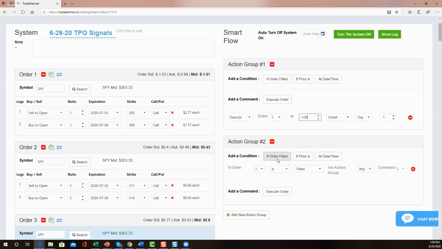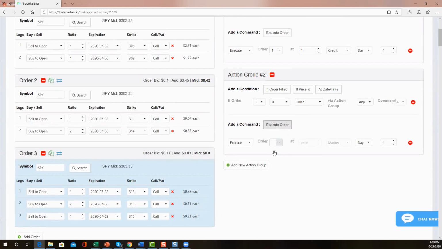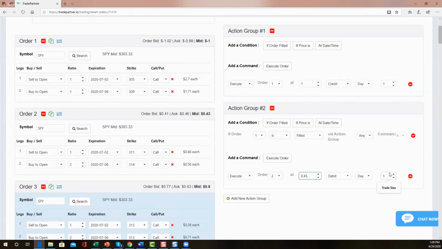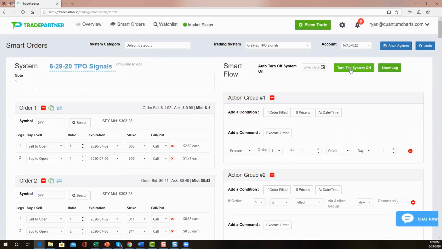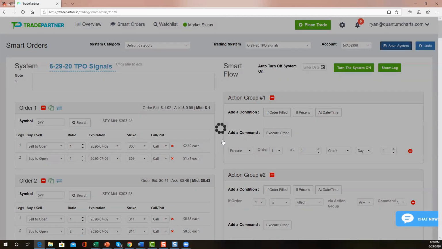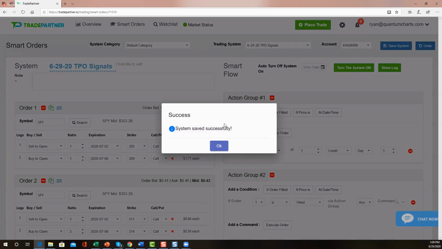So we clicked on if order number 1 is filled, we're going to execute order 2, and we're going to do that at a debit of 45, just to make sure we get filled, or at least give ourselves a very high probability of getting filled, and I'm going to do 2 of those. All right, so let me put this in the right account, and we'll save it, and I'll bring up the graph here in a minute.